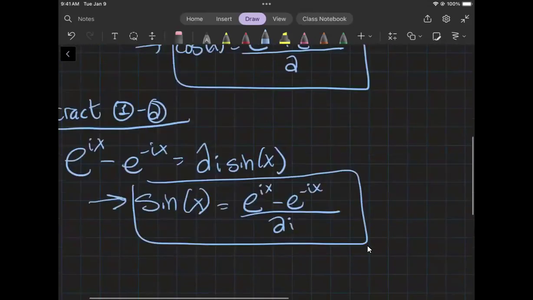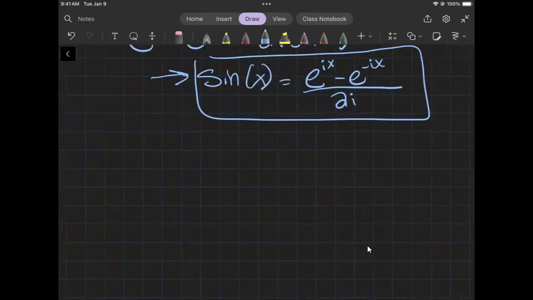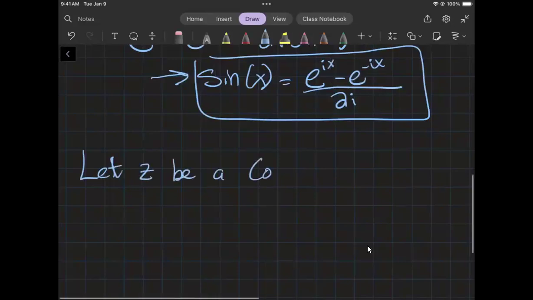So we can use these to define the sine or cosine of a complex number, right? So let z be a complex number.